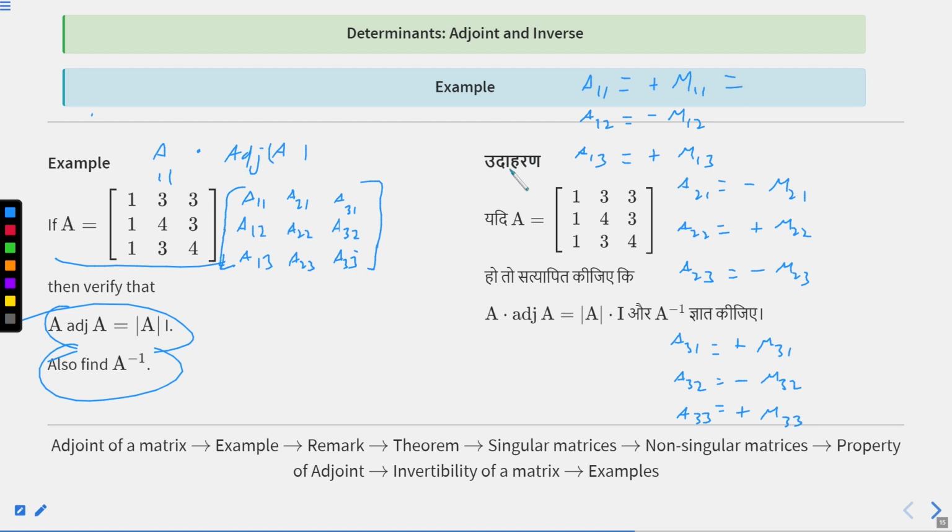Now M11: eliminate the first row, first column, and find the determinant. So 16 minus 9 will give you 7.